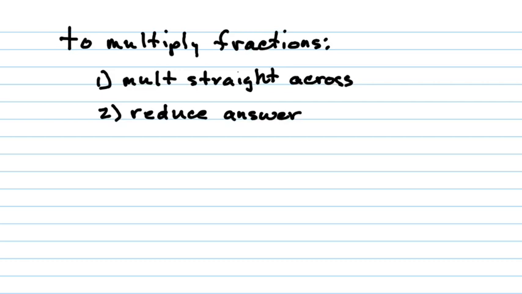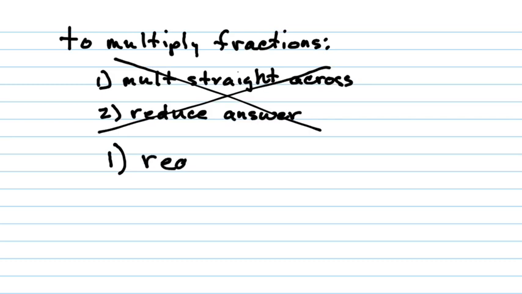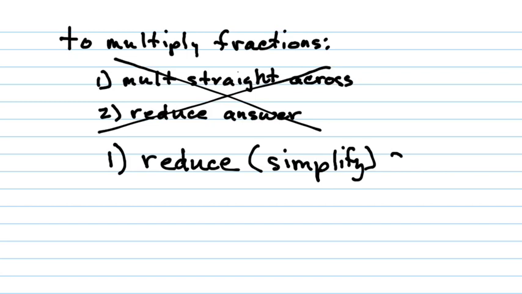So what we're going to do is we're going to toss this out, but not the ideas, not the mathematics. We're going to reverse the process, right? So instead, the first step will be to reduce, which is often also called simplify. First.